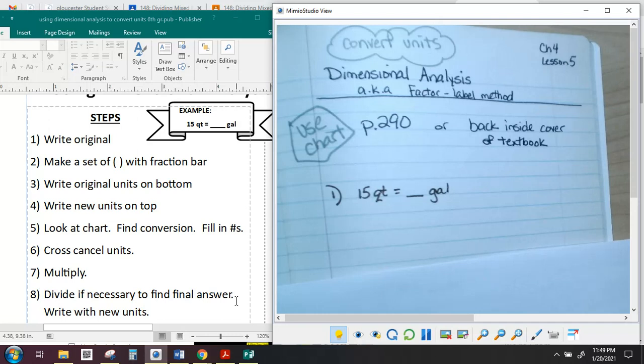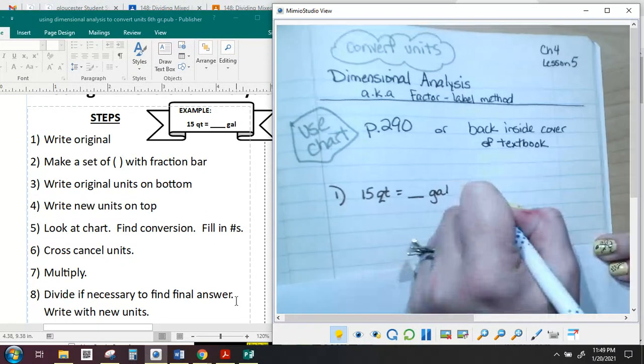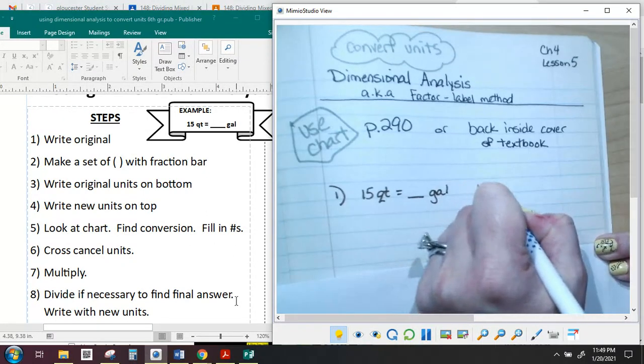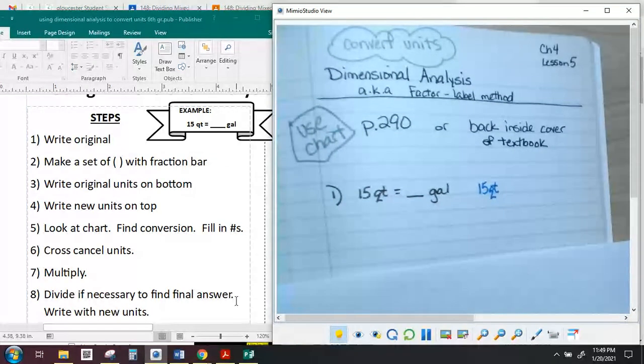And then I want to see how many gallons that is. Maybe I made, I don't know, salsa, and I had 15 quarts of freshly made salsa. And I want to say, yeah, I made this many gallons of salsa, to impress my friends on Taco Tuesday. So, step one, write the original 15 quarts, QT.